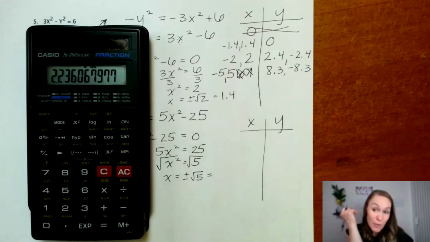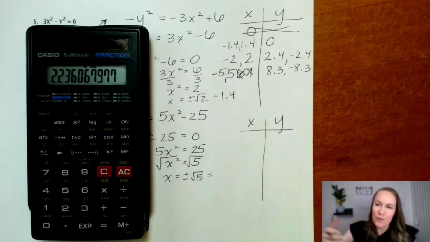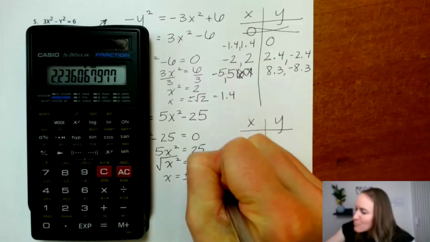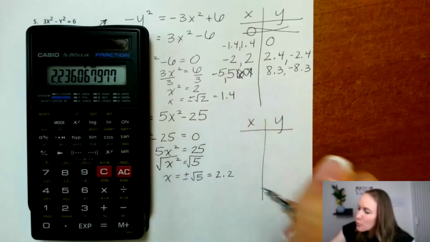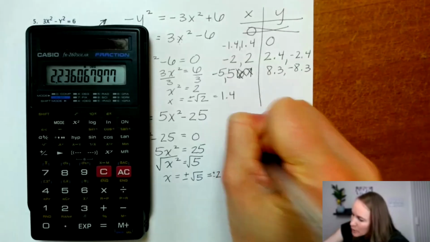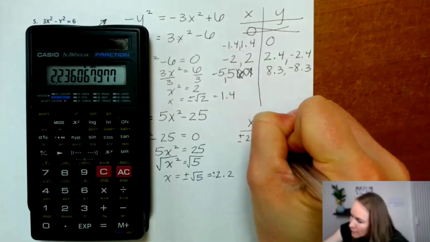There's lots of different ways to round, but when we're estimating, we're kind of graphing, we don't really need to get into the littler numbers. We just want to say, hey, pretty close to 2.2, plus and minus. So I can write plus minus 2.2, and that will get me y for 0.